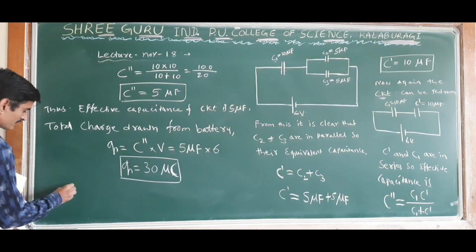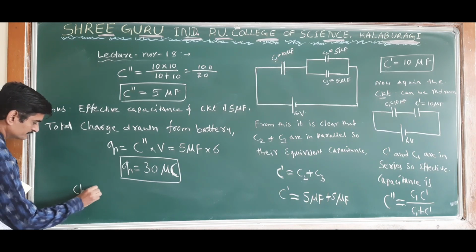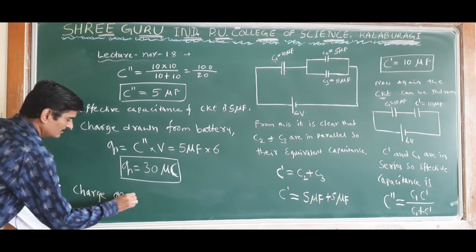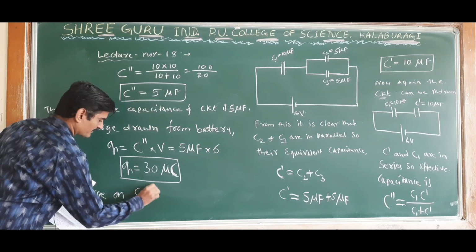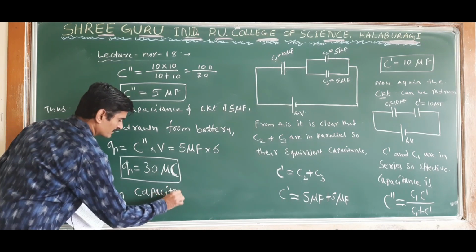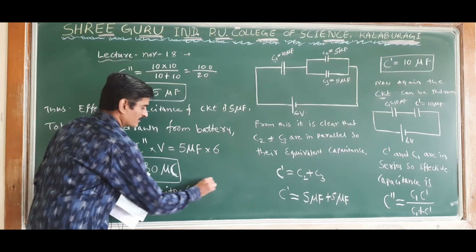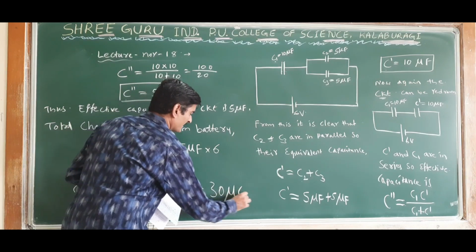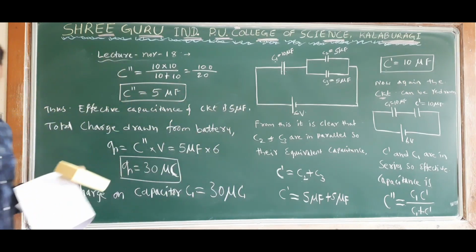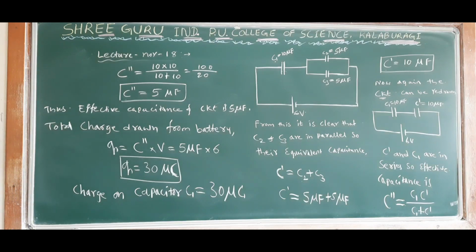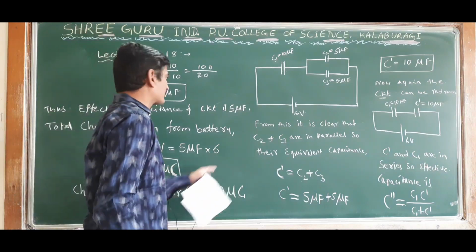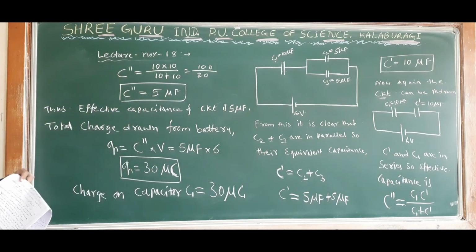So now the charge on capacitor C1 will be equal to 30 microcoulomb. By looking at the diagram, you can understand that the charge on that capacitor C1 will be same as the total charge drawn from the battery.